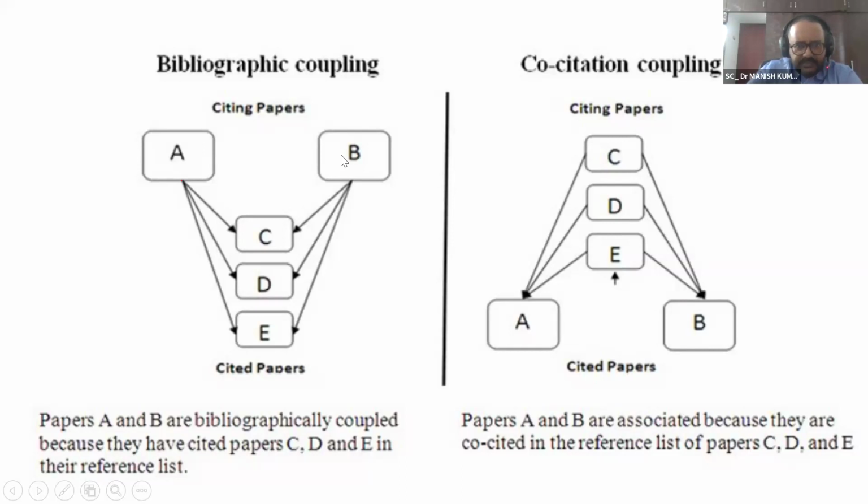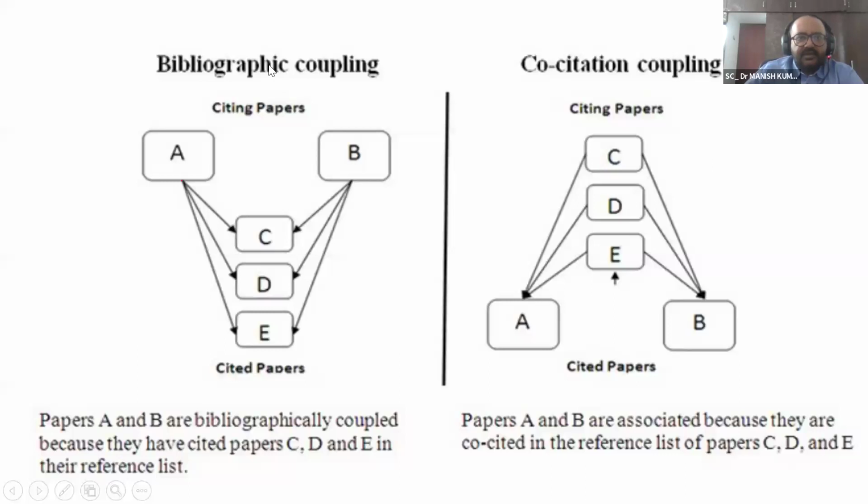We don't know each other and don't have any relation, but we are both citing the papers C, D, and E. So C, D, and E are commonly cited by both of us.